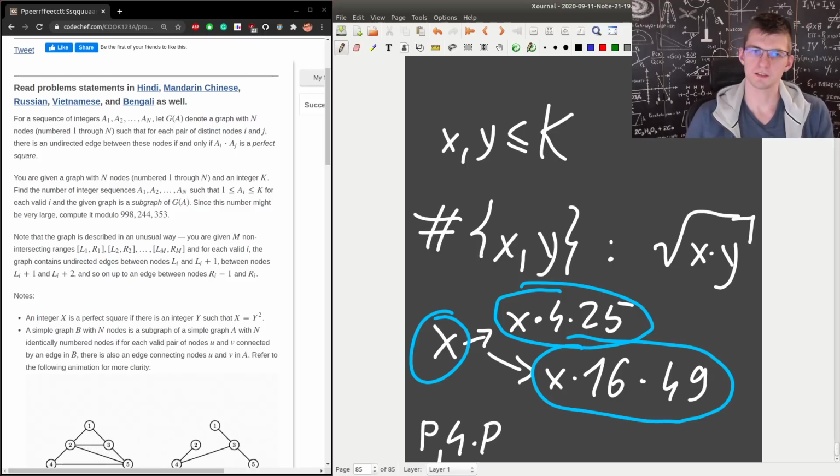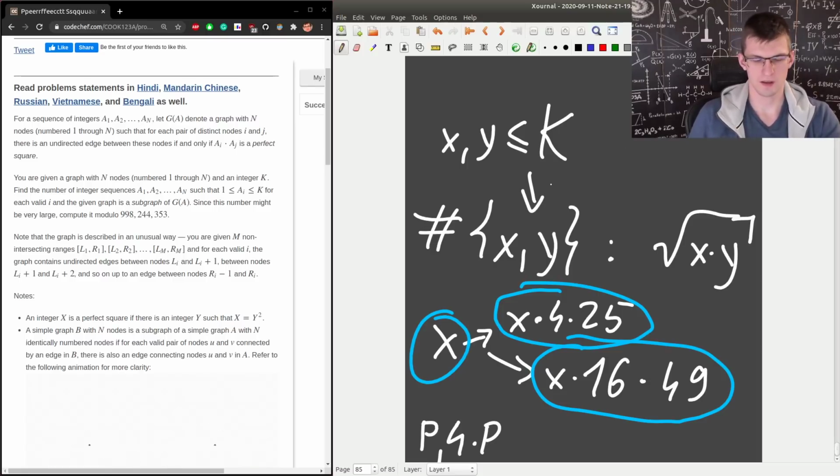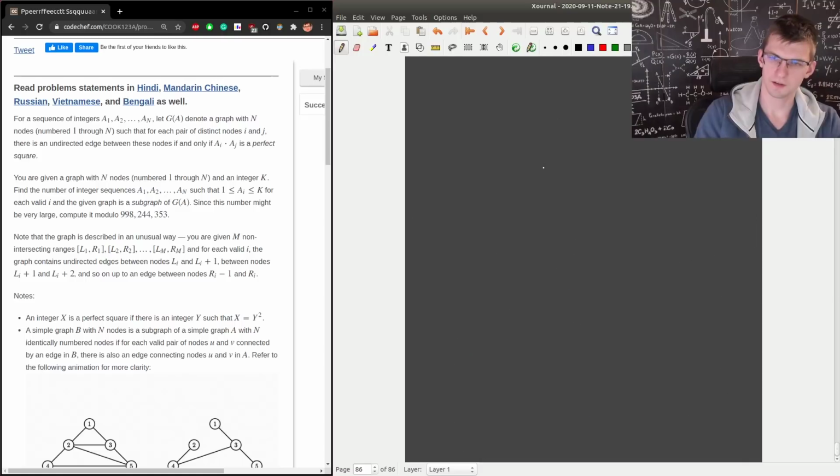Okay, so I will iterate over GCD of this interval. I think I see a solution for that. Or maybe not.